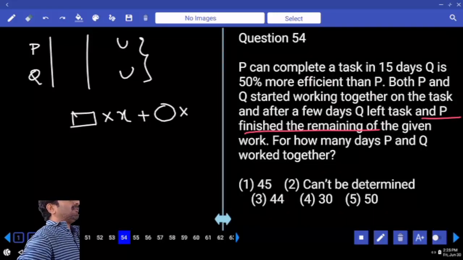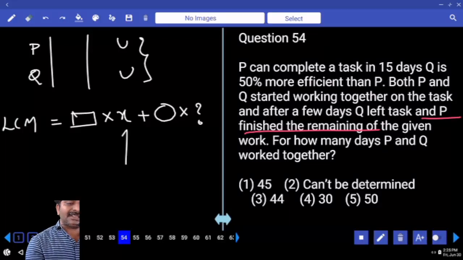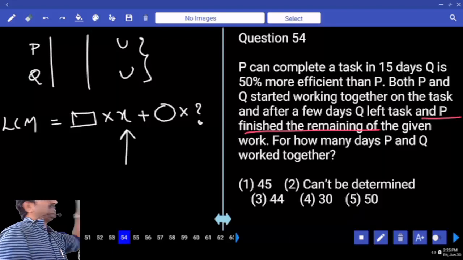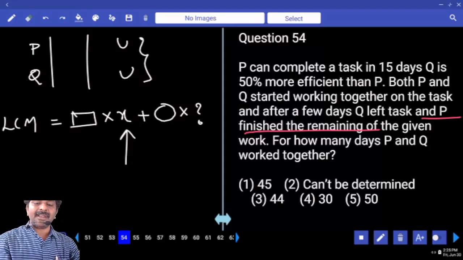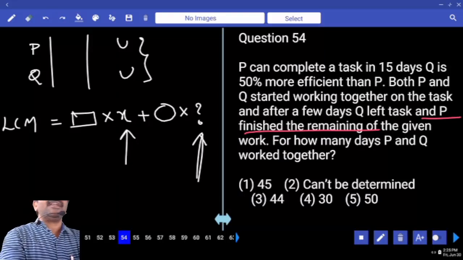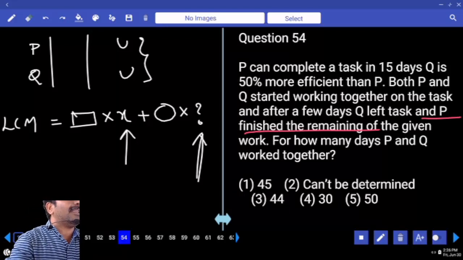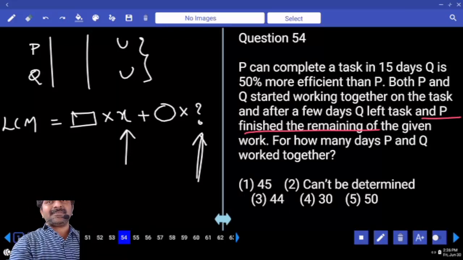That is what is required. If that number is given, this will be equal to the total work, which is our LCM. Because there is only one variable x, we can answer the question, provided P completed the remaining work in how many days?